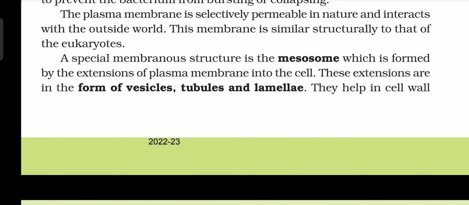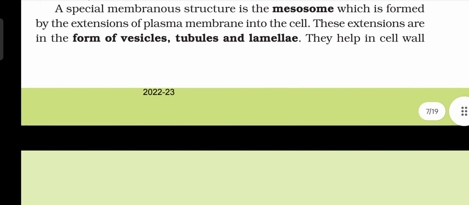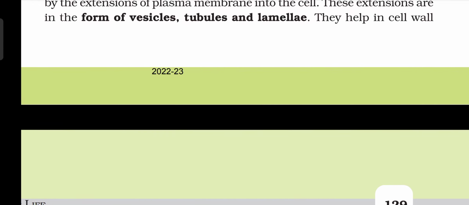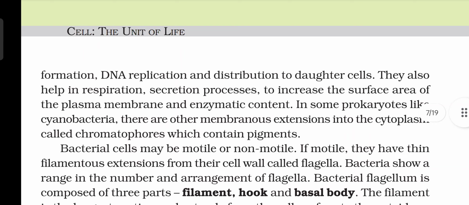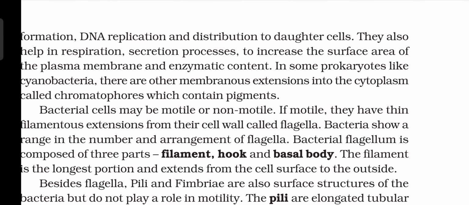A specialized membranous structure is the mesosome, which is formed by the extension of the plasma membrane into the cell. These extensions are in the form of vesicles, tubules, and lamellae. They help in cell wall formation, DNA replication, and distribution to daughter cells.